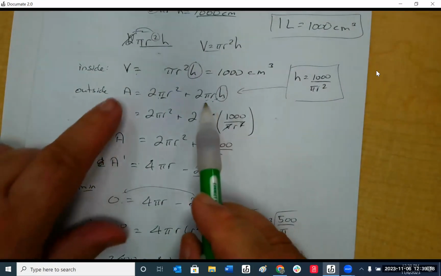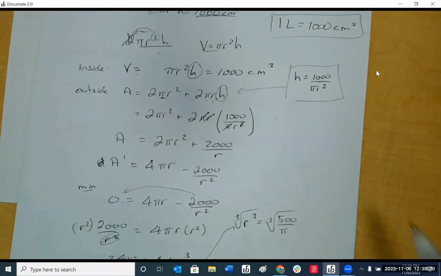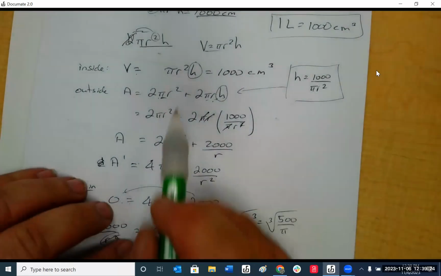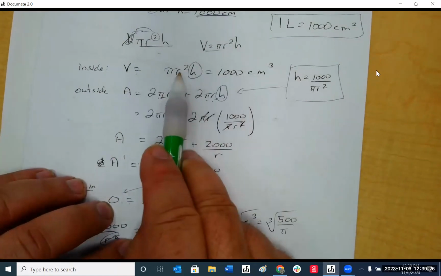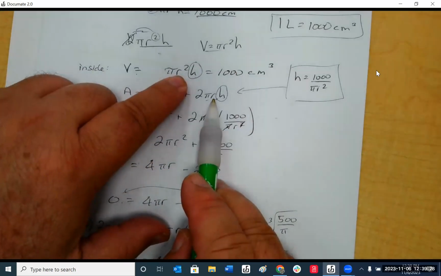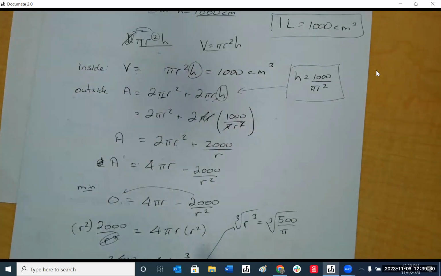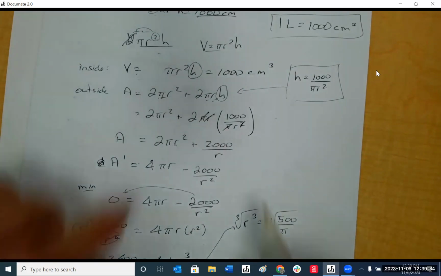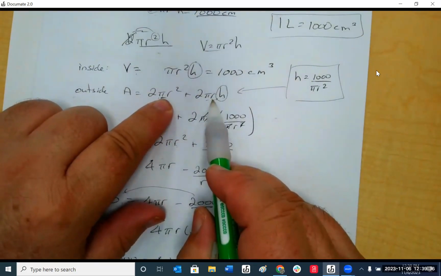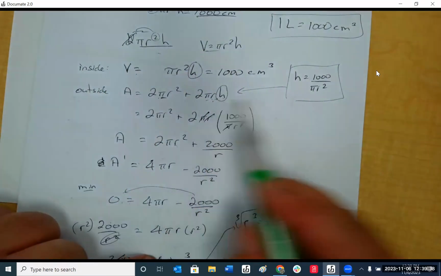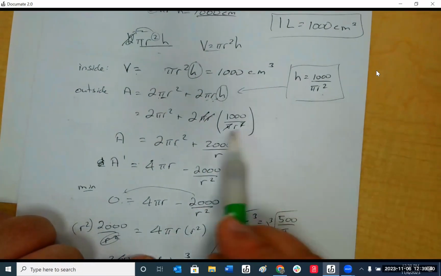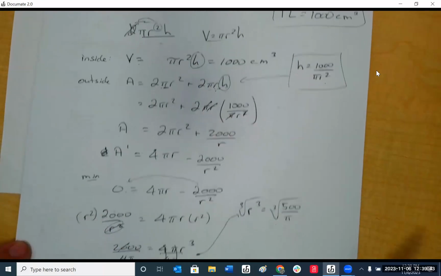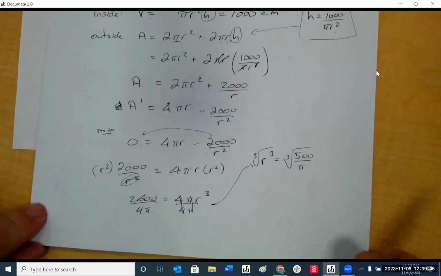Yes, because we can't take the derivative if it has two unknown variables, which is why we had to know this, because everything has r. R is what's going to change the dimensions. The height, yes, but r is in everything. So the h is the only thing we can solve for to eliminate that extraneous variable.